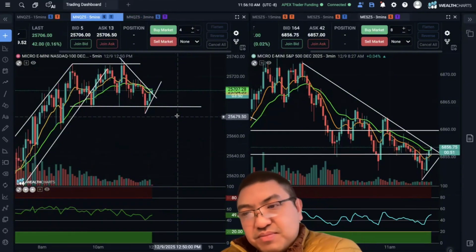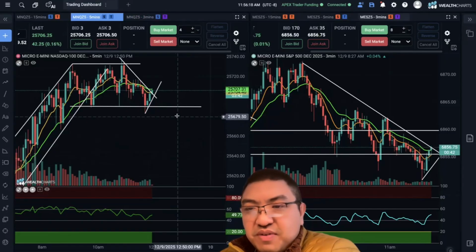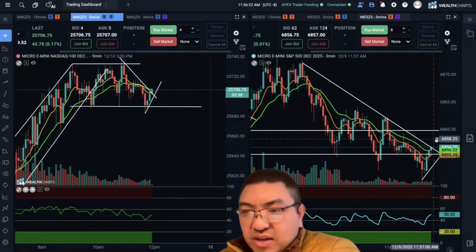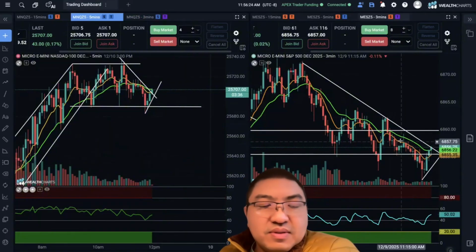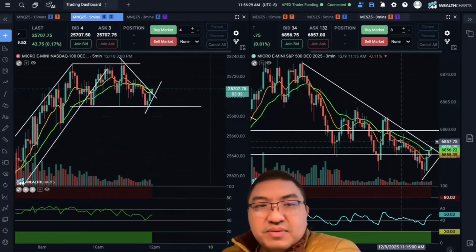Okay, breakout. I think it's breakout. Don't go with breakout because it will be easy to prove to be a fake breakout. Let it break out, retest, and resume.